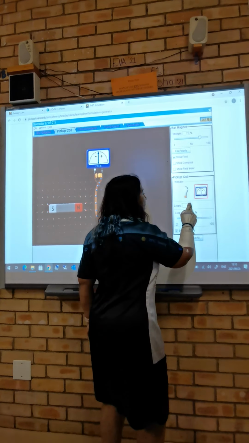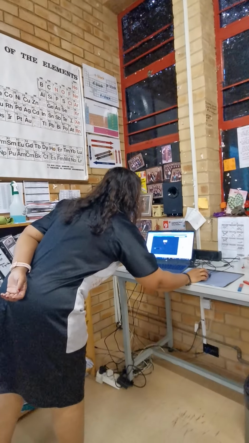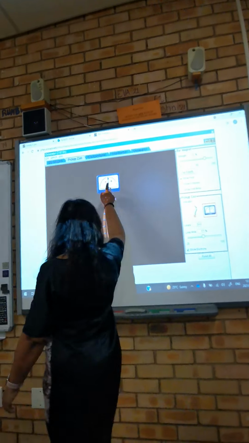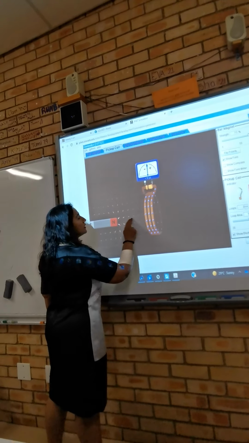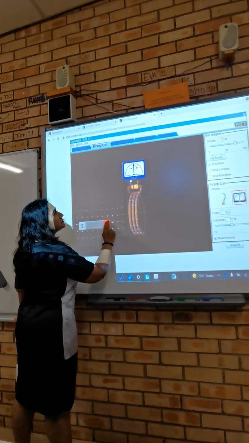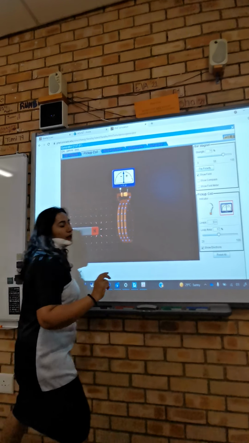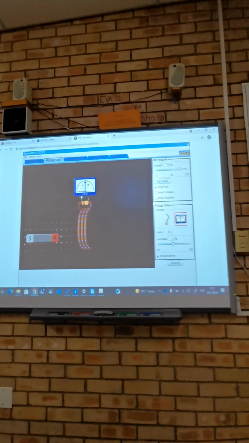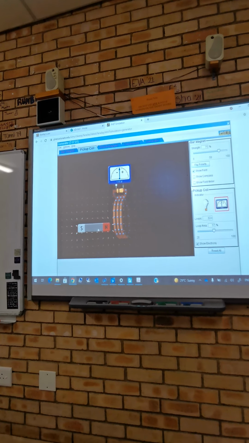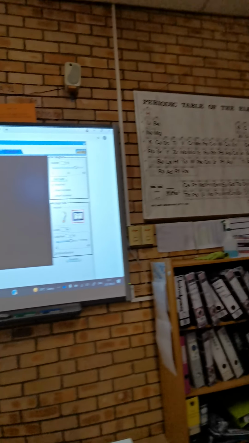But if I make my number of loops, let me just make it here, if I increase the number of turns to 3, now I want you to look up here and look at this. Can you see that it is increasing? I just want to do it here with the mouse. Okay, so you can see it is going much higher. The voltage is much higher.